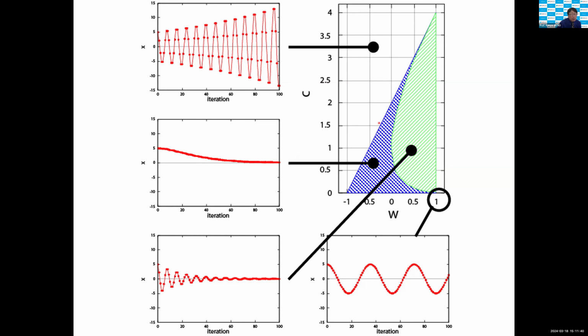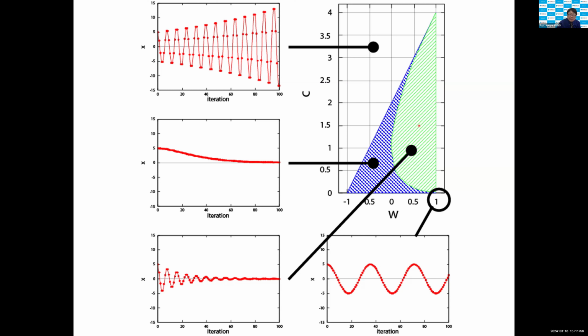This triangle area corresponds to where the eigenvalues are within the unit circle. Therefore, the area outside this triangle is an unstable region.